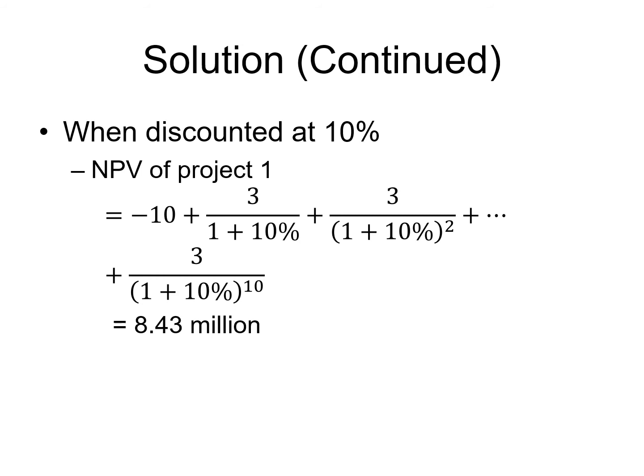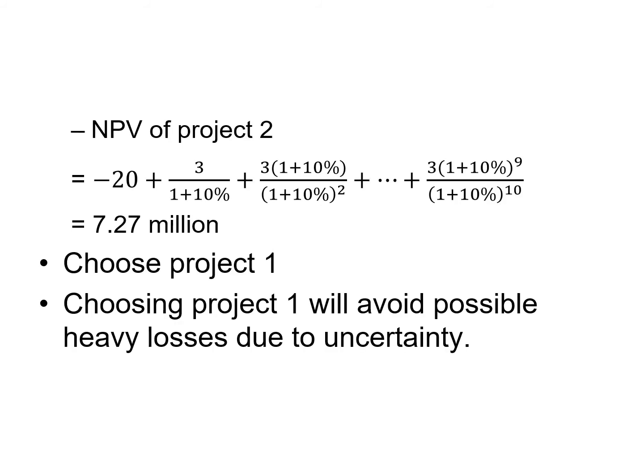When discounted at 10%, the net present value of the first project is 8.43 million. The net present value of the second project is 7.27 million.